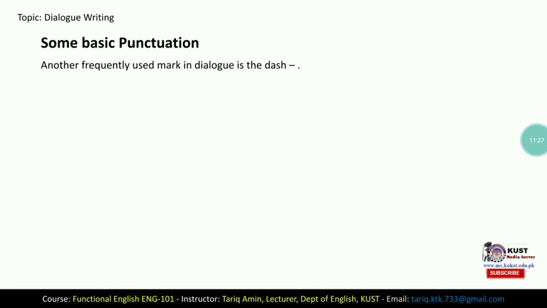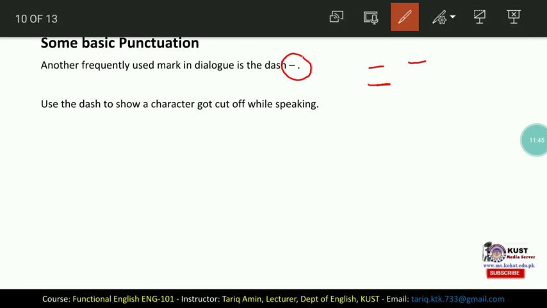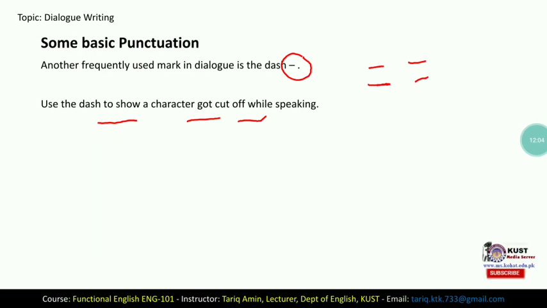Another frequently used punctuation mark in dialogue is the dash. Use the dash to show a character got cut off while speaking. When a character is cut off in a particular drama or conversation, you can show it with the help of a dash.